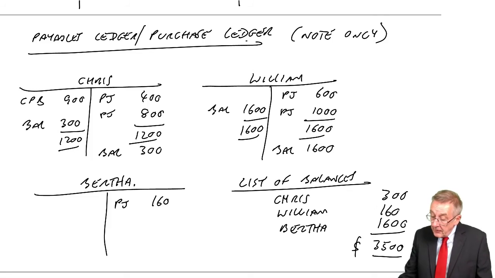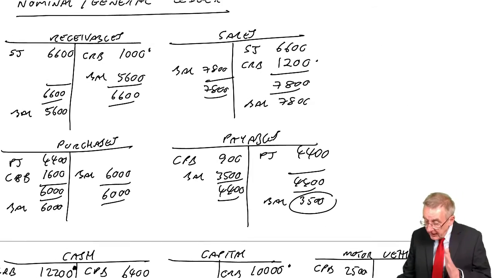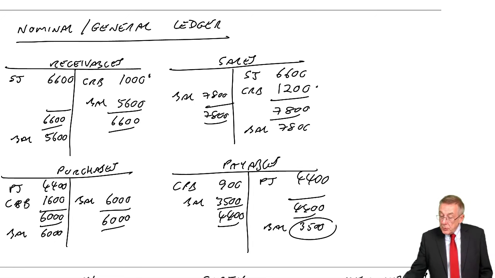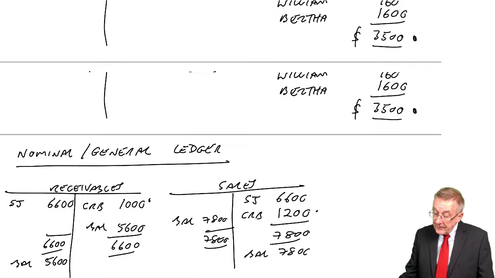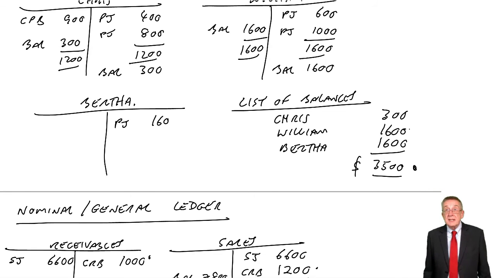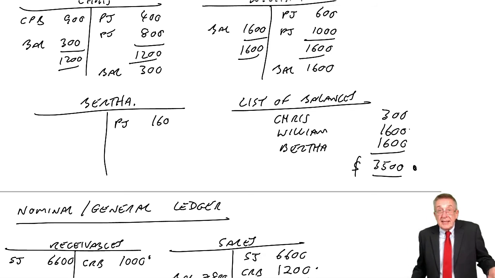But the payables account in the nominal ledger would still have 3,500 because we'd just taken the totals from the books. So if the total in the payables account doesn't equal the total of the list of balances, somebody's made a mistake somewhere, and we better find out.